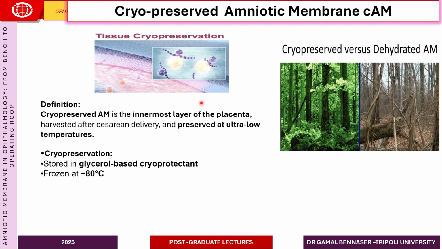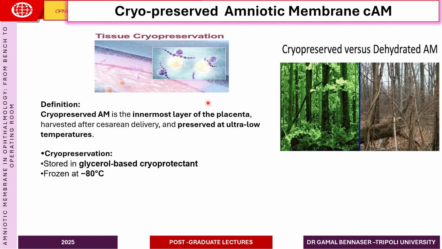The ideal amniotic membrane should contain as many biologically active substances like growth factors as possible, and should be structurally integral so that it can be easily handled during surgical procedures. The cryopreservation is made by keeping the membrane in a glycerol-based cryoprotectant, as I said, at -80 degrees Celsius.